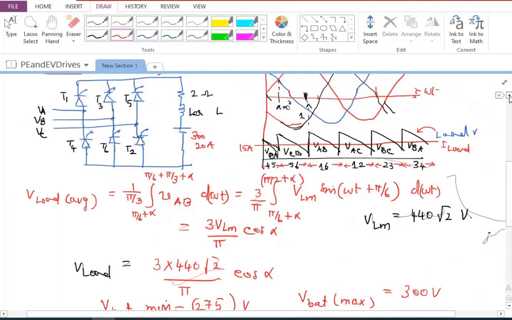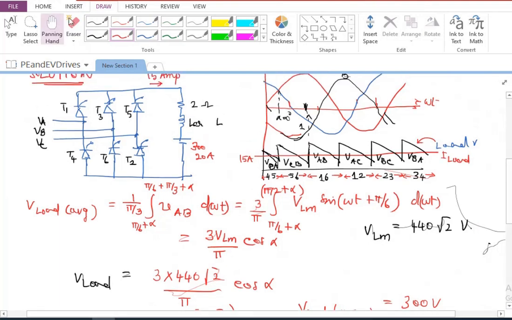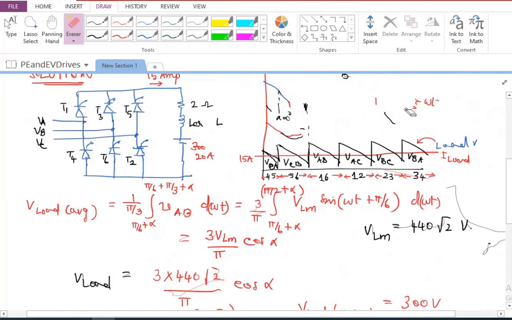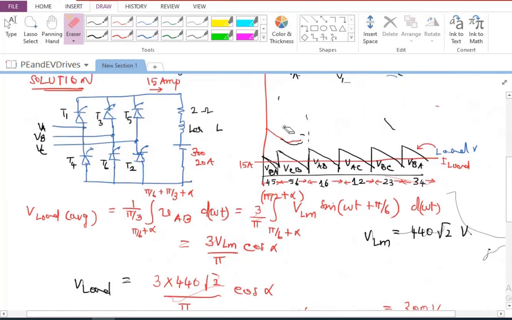Now, when I look at the current, whenever 1, 6 and 1, 2 are conducting, I will have, let me probably erase this. I don't have to worry about this because I had already drawn the load voltage and A phase voltage as well.